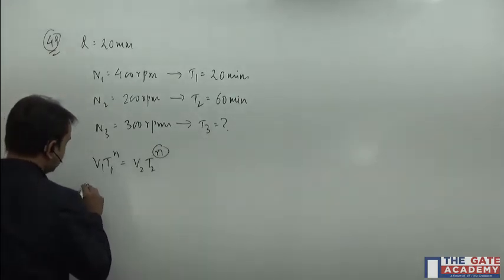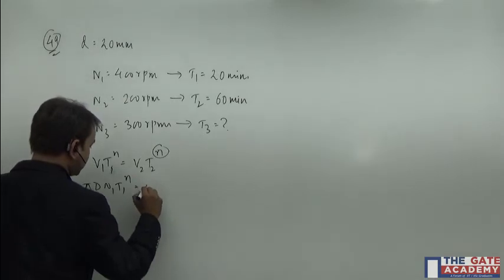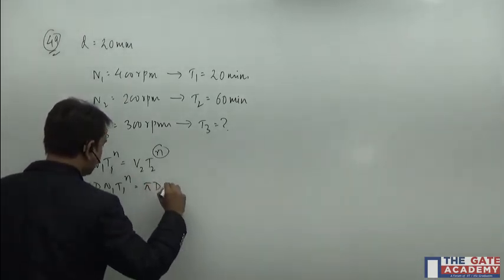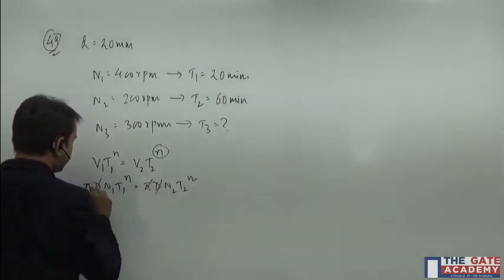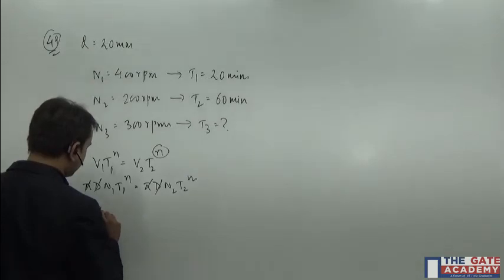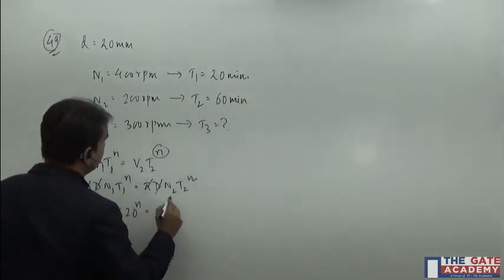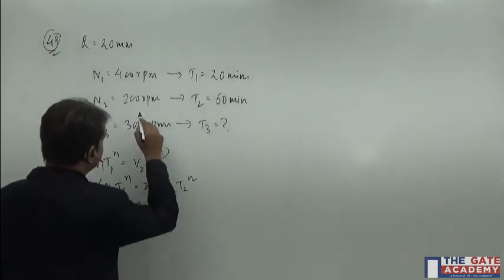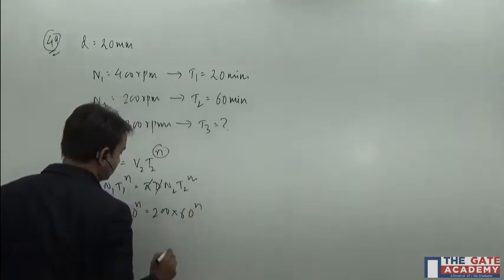So it will be pi into D into N1 into T1 to the power n. In a similar manner, pi D N2 T2 to the power n, right? So pi D and pi D will get cancelled over here. Simply you will get N1, which is 400, times T1, which is 20 minutes, to the power n. N2 is again 200 rpm, and T2 is 60 minutes to the power n.